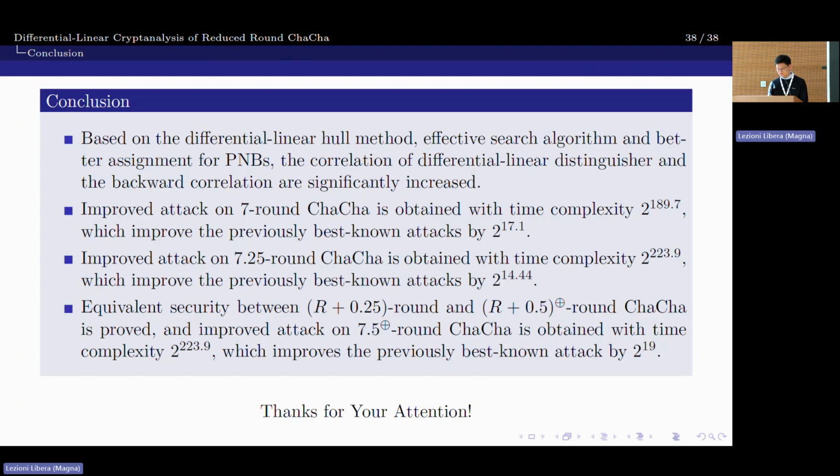Based on our distinguishers, we give improved attacks on 7-round and 7.25-round Cha-Cha. Finally, we give a proof of equivalent security between R plus 0.25 round and R plus 0.5 plus round of Cha-Cha. That's all. Thank you for your attention.